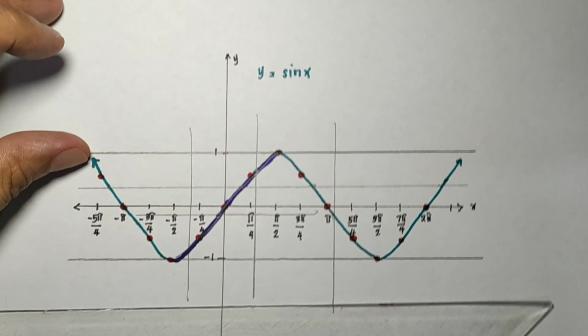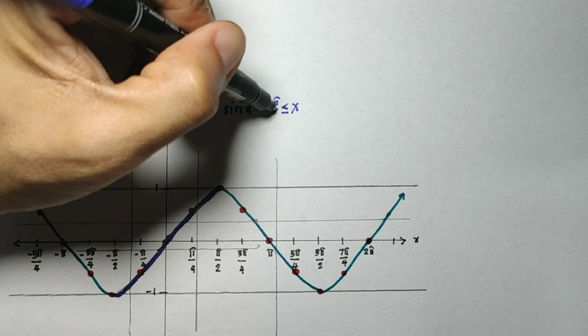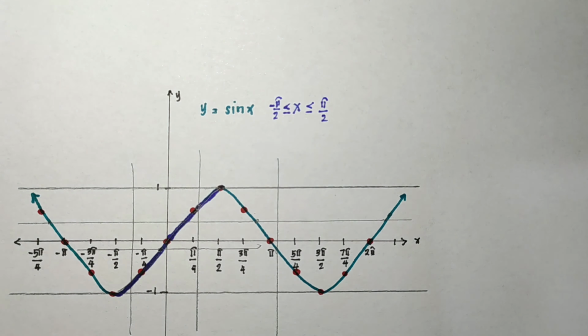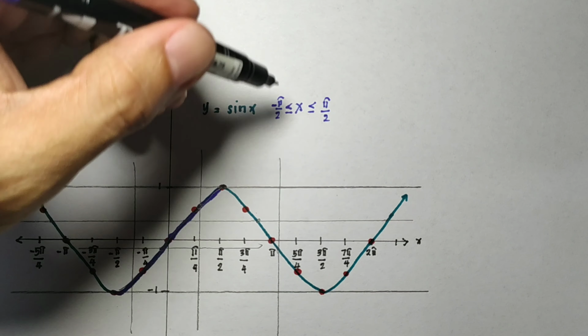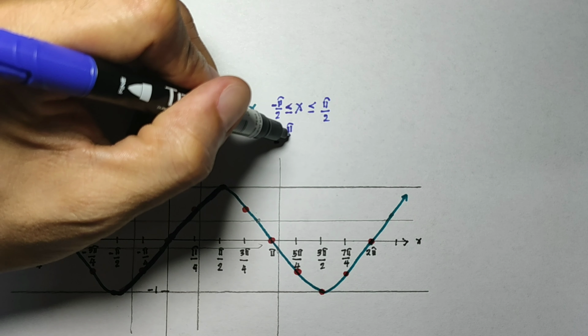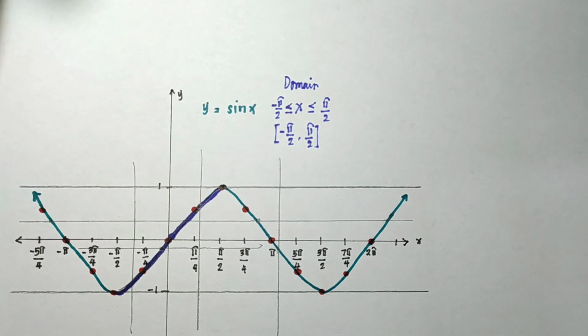Therefore, in the function y equals sine x, we're going to restrict its domain from negative pi over 2 until positive pi over 2, or in interval notation, from negative pi over 2 until positive pi over 2. But the range is the same, from negative 1 until positive 1.